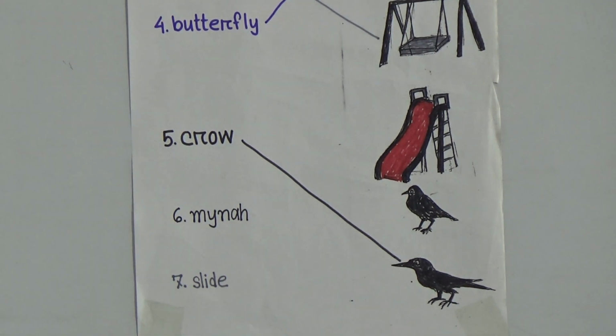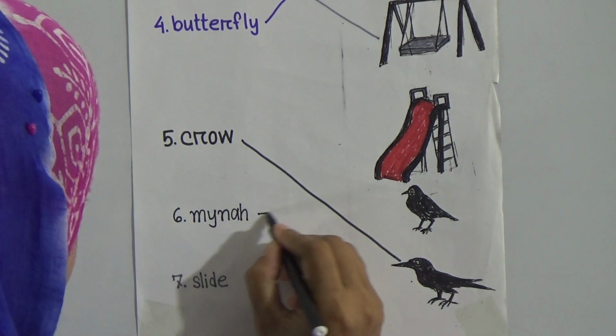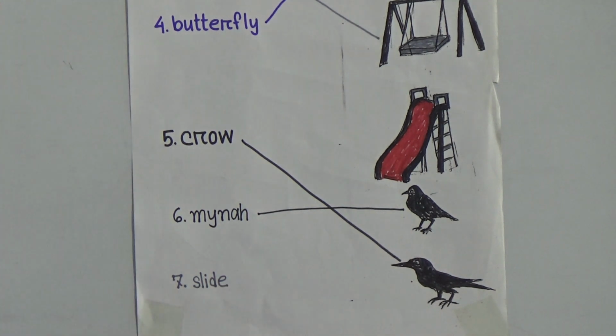Now come to number 6. Number 6 is Moina. We know that the left one is called Moina. So we have to match them like this. Okay. Our last number is number 7, slide.